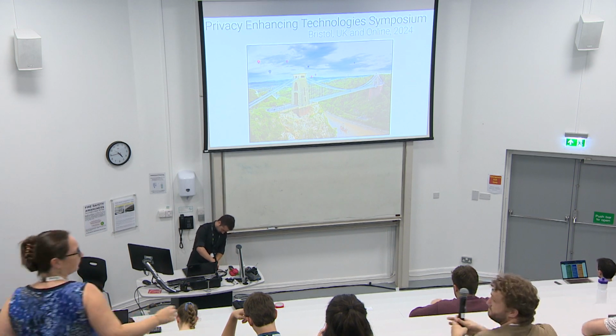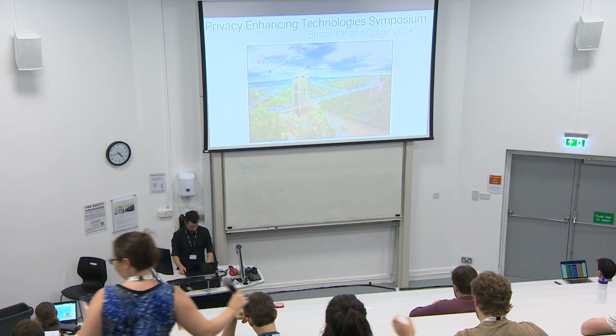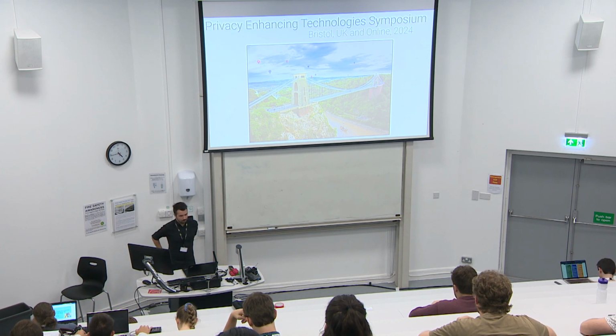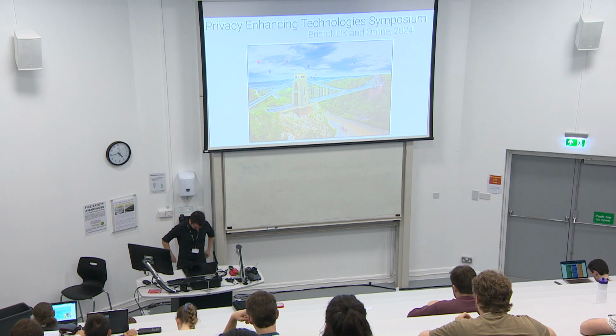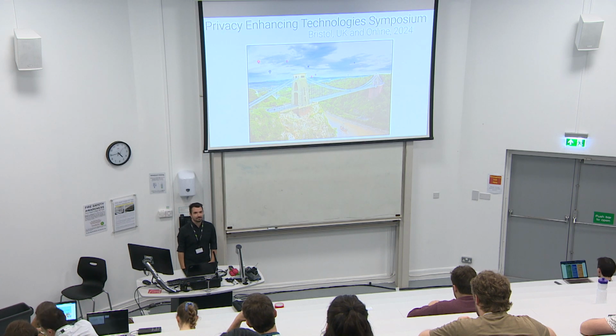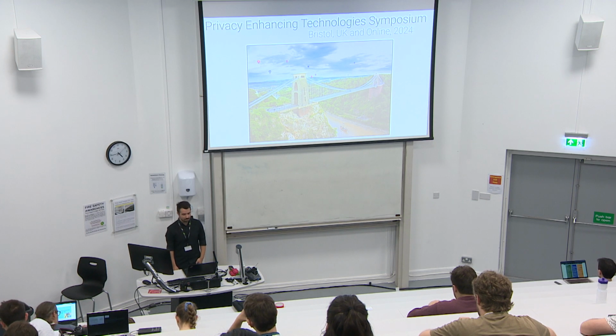Right. So thanks for your question. Yes, that's true. And in fact, we did some experiments to explore what if the privacy intruder knows there may be some perturbation or some mechanism that will counter their face recognition.